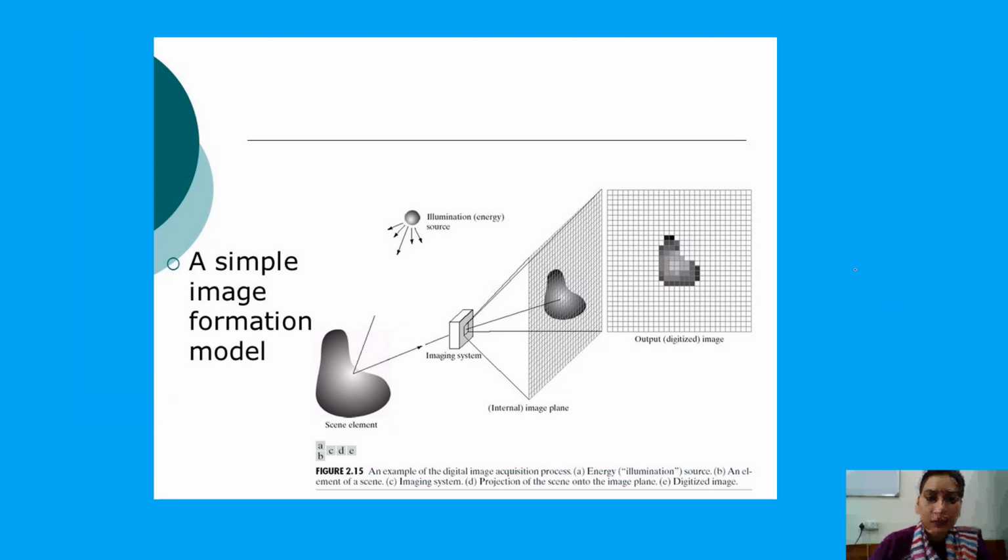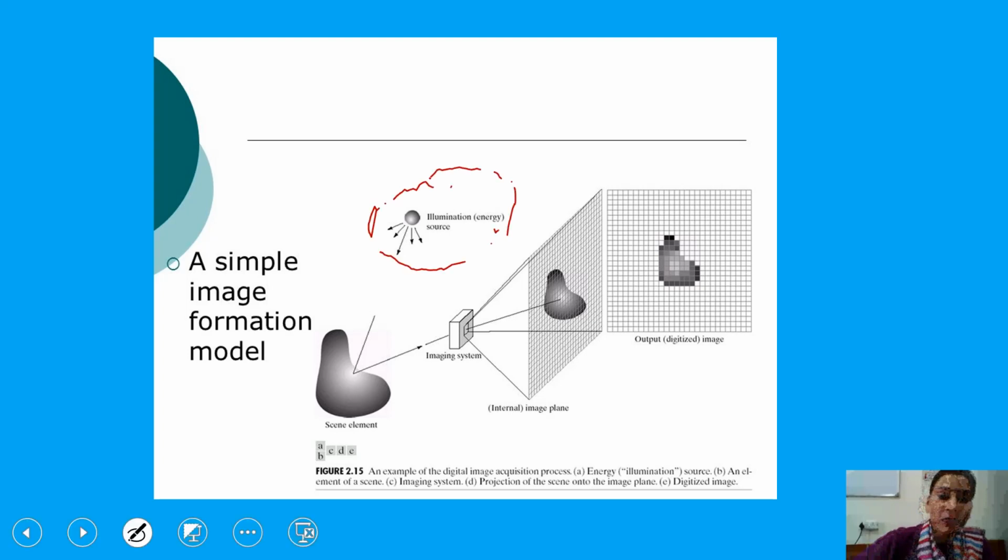This is another image in which the illumination source, that is the sunlight, is shown. Then the sensed object, the object whose light is to be captured, then the imaging system, then this image is formed, and this is the analog image. After that it is converted into digital form by sampling and quantization.